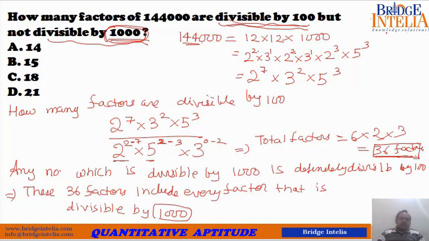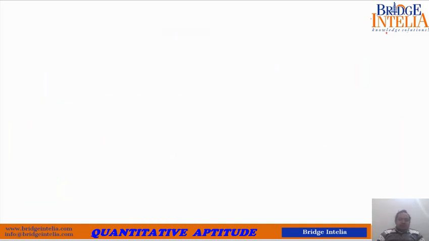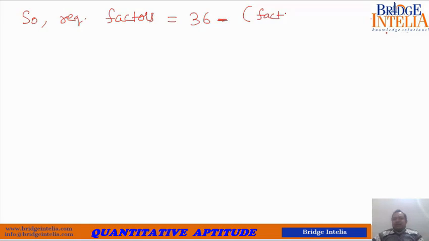So required factors will be equal to 36 minus those factors which are divisible by 1000.